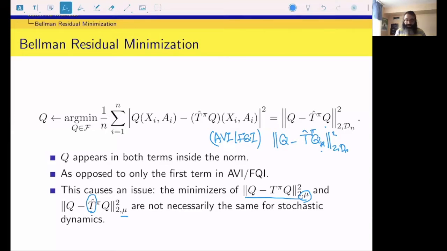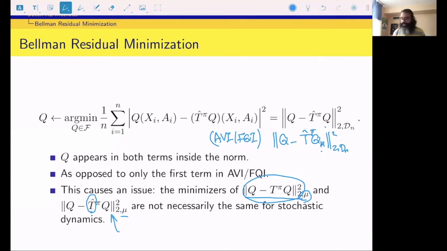So the goal was to minimize the population version when we started, I think last lecture or the lecture before. We want to minimize this because minimizing this Bellman error has nice properties. But if we are minimizing some other quantity with a different minimizer, that's not necessarily getting us what we wanted.